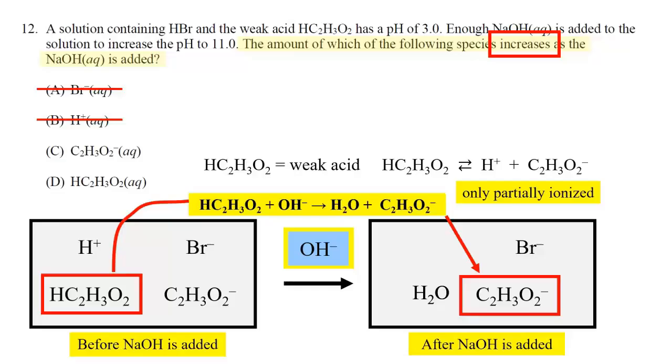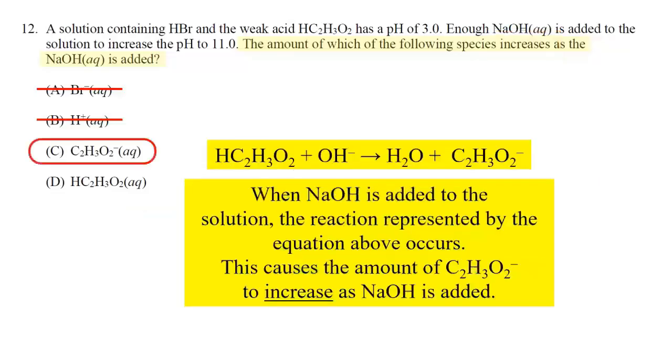So the correct answer to question 12 is choice C. When the sodium hydroxide is added to the solution, then the reaction represented by the equation above occurs, in which molecules of the weak acid will be transformed into particles of its conjugate base, C2H3O2 minus. So as a result, this causes the amount of that acetate ion to increase as sodium hydroxide is added. So the correct answer to question 12 is choice C.